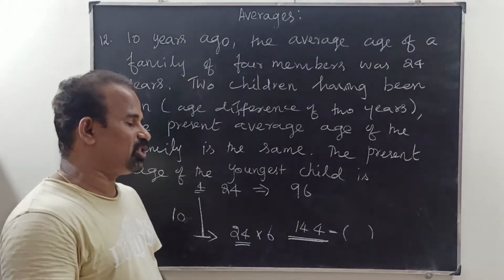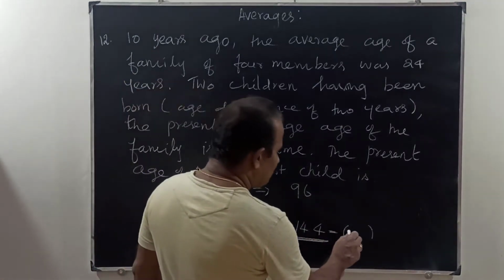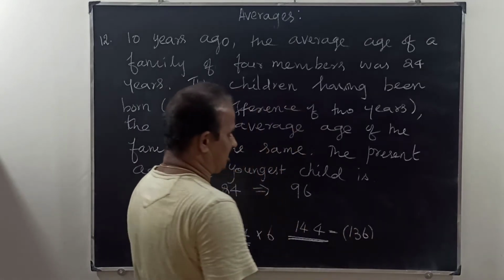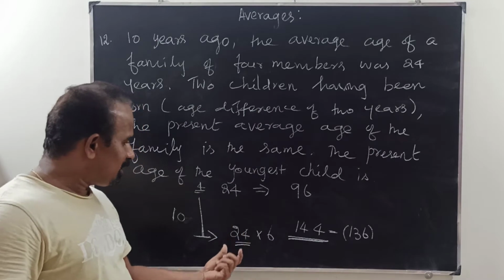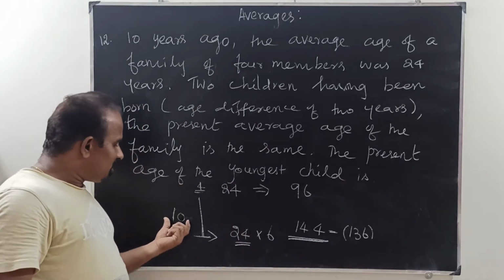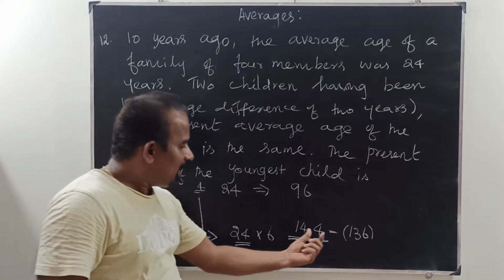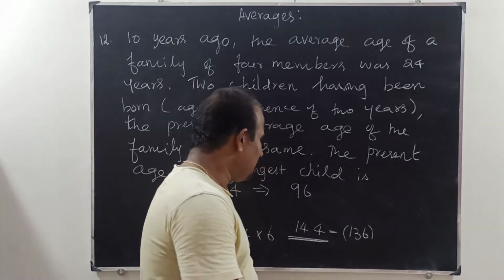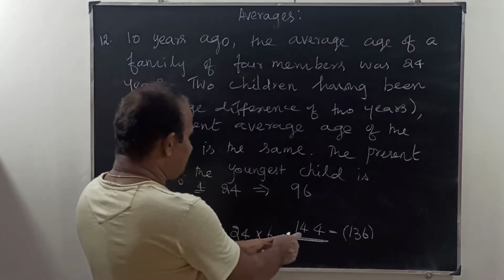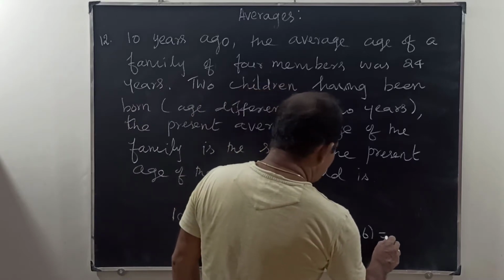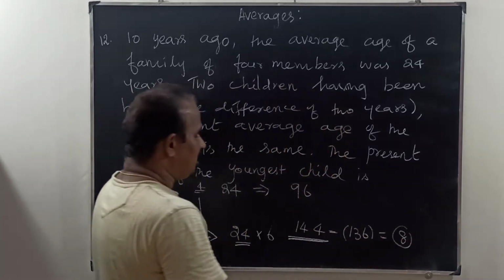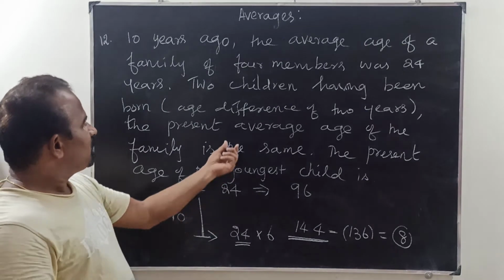Therefore 96 plus 40 is equal to 136. This 136 is the sum of the ages of the 4 persons at present. Now 6 persons' age is 144, 4 persons' age is 136, so 8 is the sum of the ages of the children.